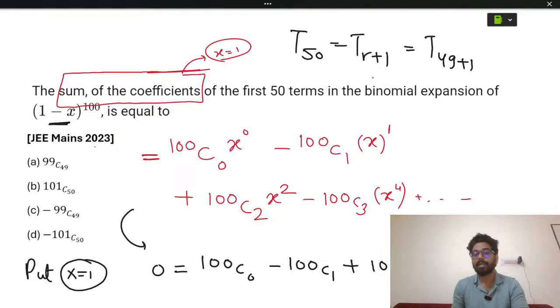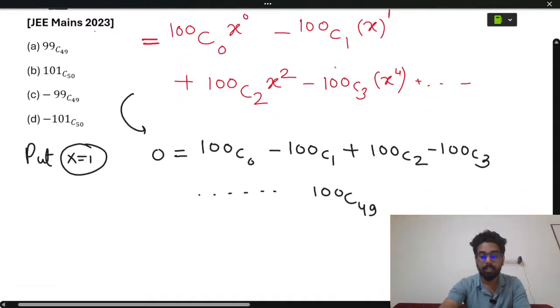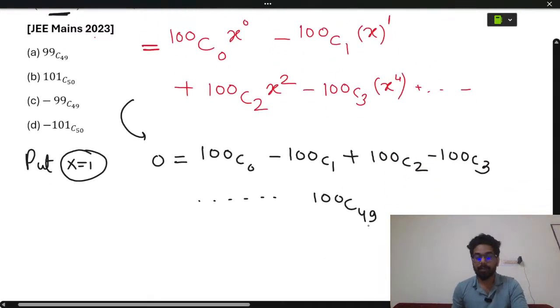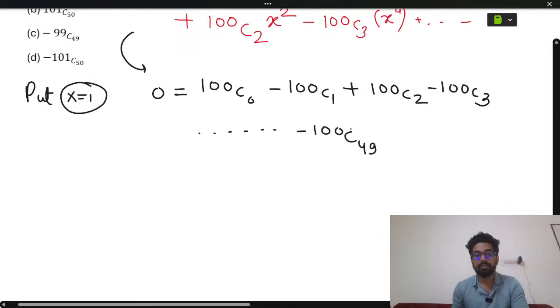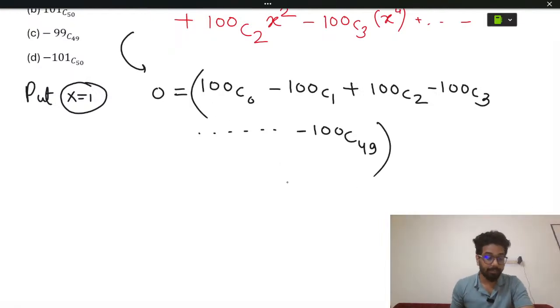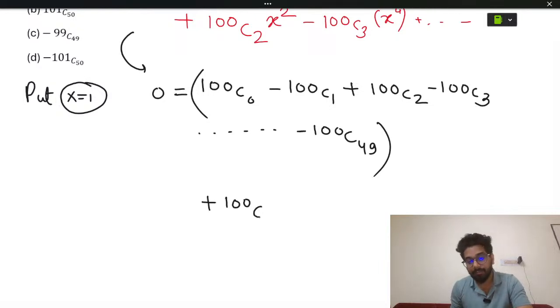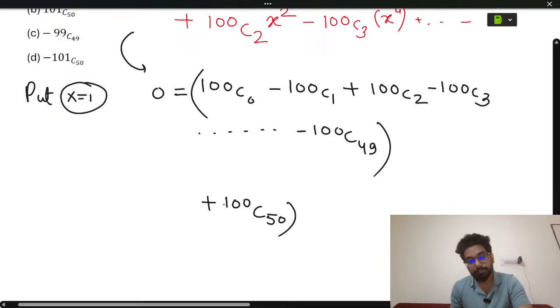This is the general term, 100CR, and obviously this will be minus. Till here it's the sum of the first 50 terms. After this we will have plus 100C50, then minus 100C51.